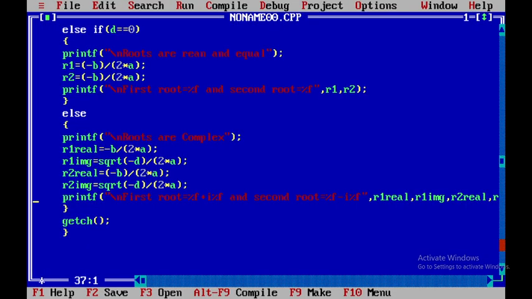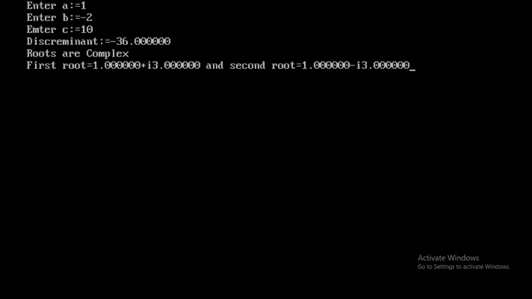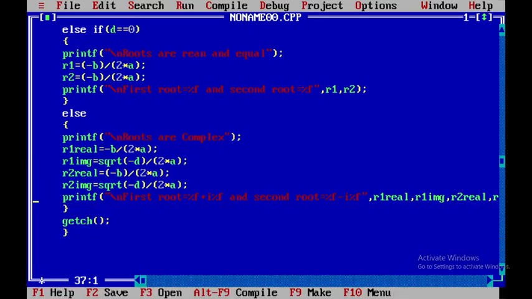And the last case, the example is 1, minus 2 and 10. Here the first root is 1 plus 3i, and the second root is 1 minus 3i, correct. The first root is 1 plus 3 iota, and the second root is 1 minus 3 iota.